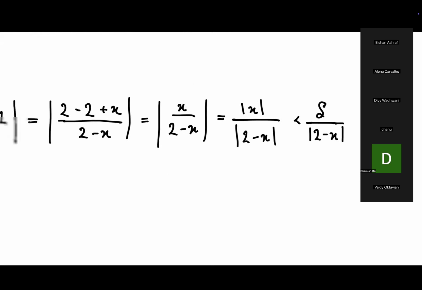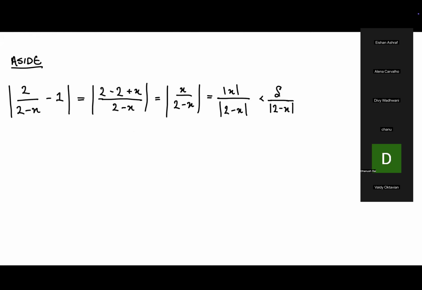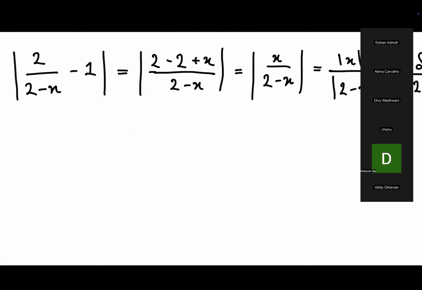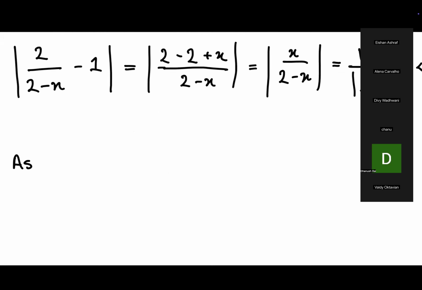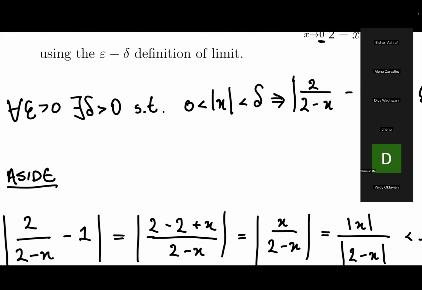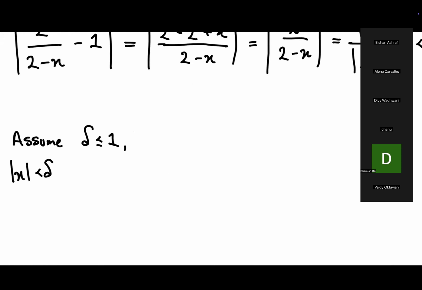So what we could do is choose an upper bound for delta. Assume that delta is less than or equal to, let's say, the value of 1. This then tells us that from our original equation, we know we have this, and we know that delta is less than or equal to 1.